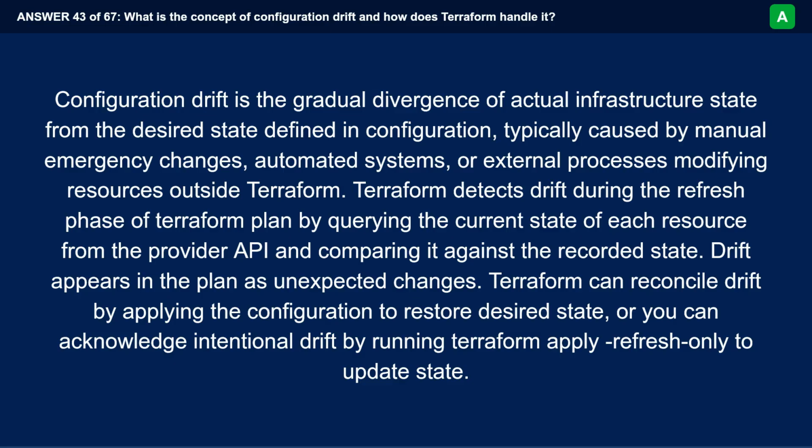Terraform detects drift during the refresh phase of terraform plan by querying the current state of each resource from the provider API and comparing it against the recorded state. Drift appears in the plan as unexpected changes. Terraform can reconcile drift by applying the configuration to restore desired state, or you can acknowledge intentional drift by running terraform apply -refresh-only to update state.